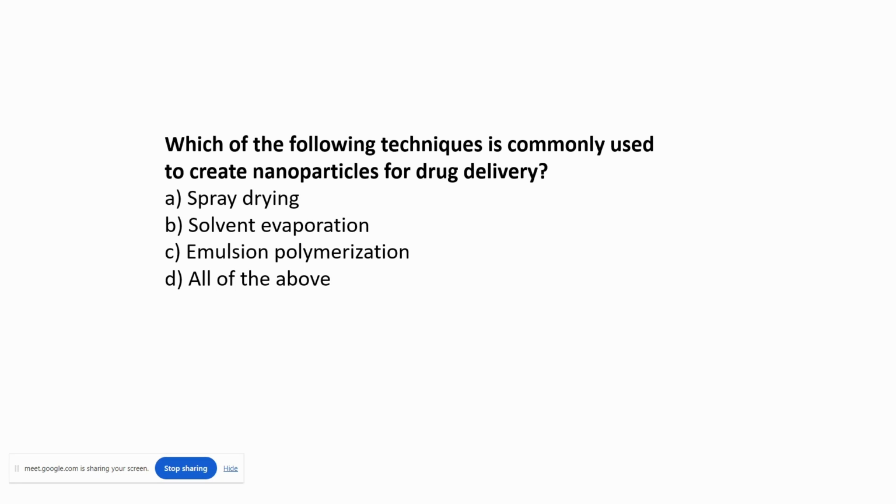Option D. Option B. Okay. Option D. Option D. Okay. All of the above. Okay. Yes, both of you are correct. Spray drying, solvent evaporation, emulsion polymerization, all of these techniques are used for creating nanoparticles.